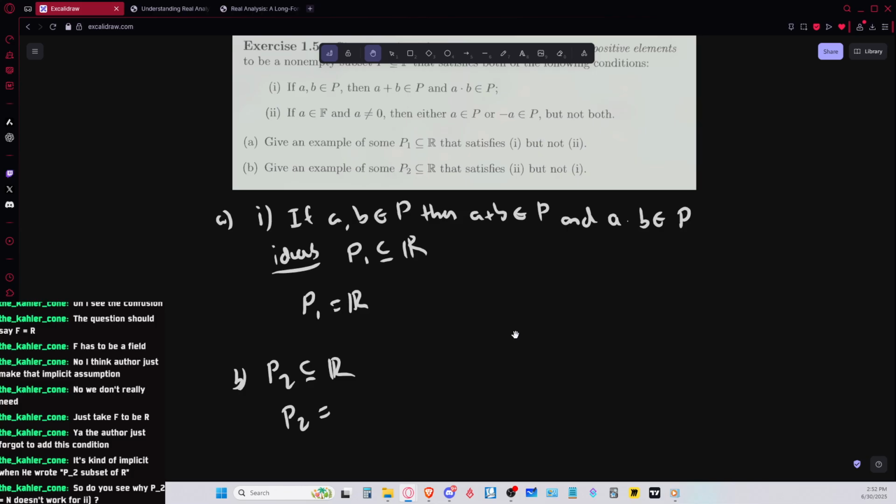The rationals and the integers, they fulfill 2. They don't fulfill 2 actually, because there's both in them. So no, I'm mixing up.